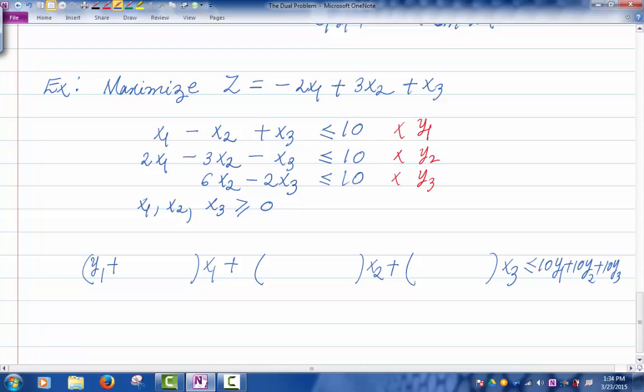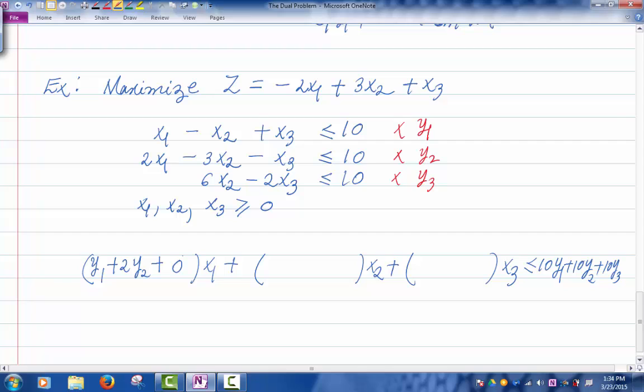In the second constraint, multiplied by y2, the coefficient of x1 is 2y2. Plus, when you multiply the third one by y3, what's the coefficient of x1? 0. Am I making sense?